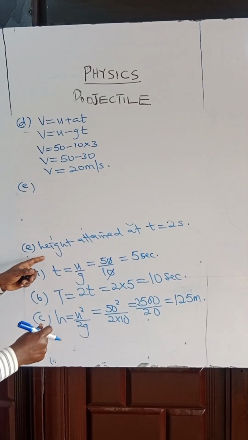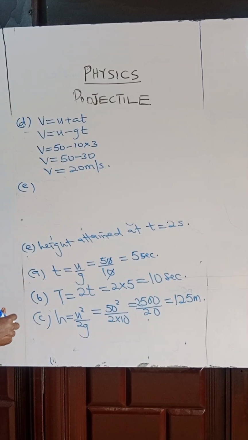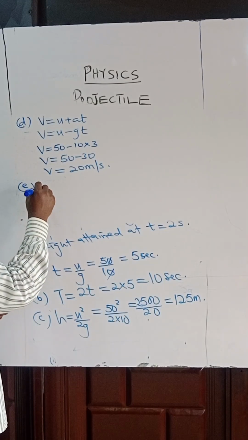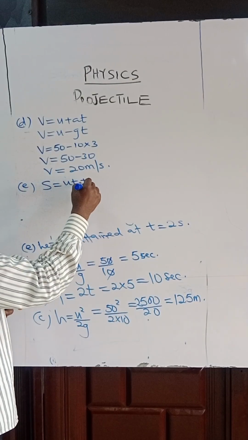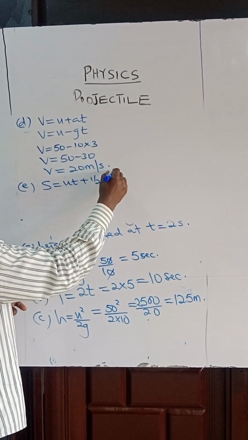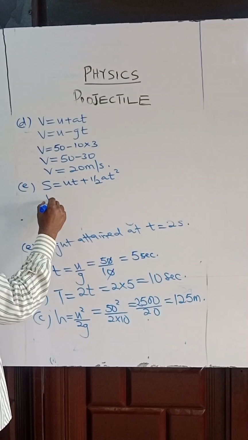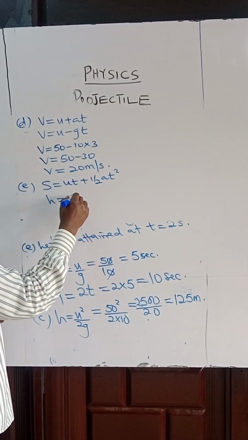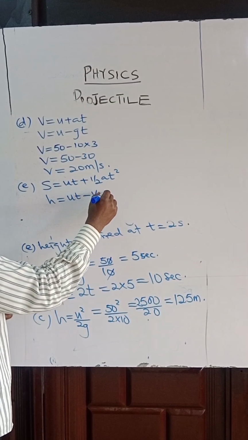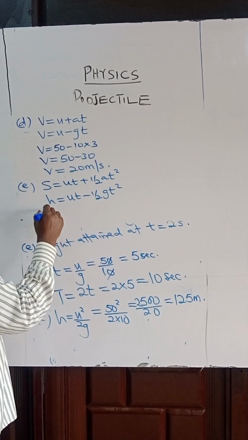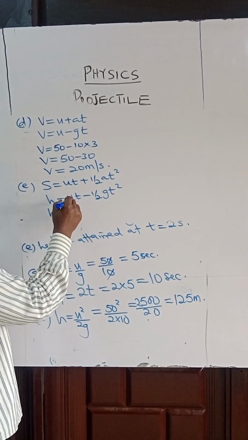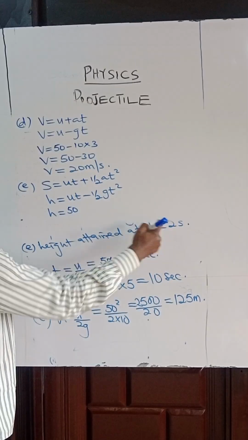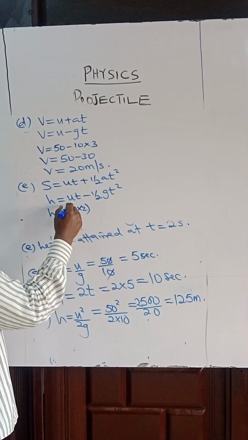E, we have to find the height attained at 2 seconds. Remember, I said you can use S = ut + half at squared. This is the same thing as h = ut minus half gt squared. What is u? Our u is 50. Our time is 2 seconds.